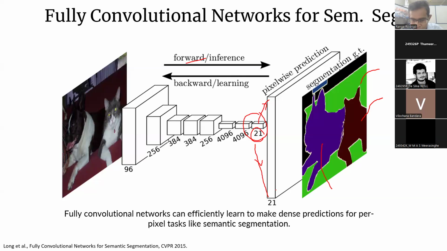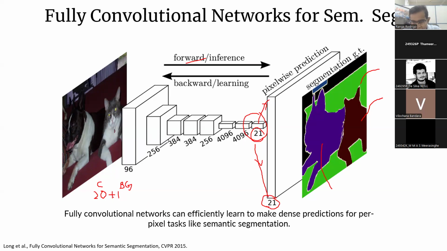Now it has also 21 channels, and these images have 20 classes plus one for the background. This one is for the background. These classes and background. So if you create this ground truth structure, where one plane for each class, okay, the cat plane, the dog plane, the background plane, and other planes for each class.